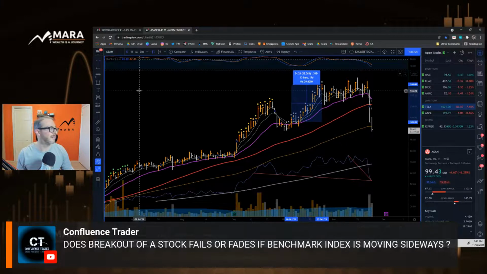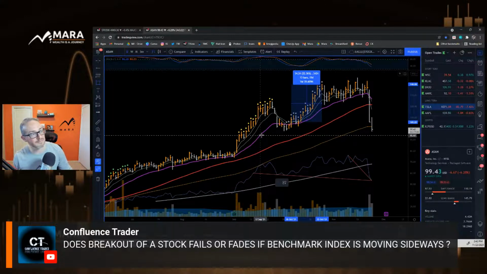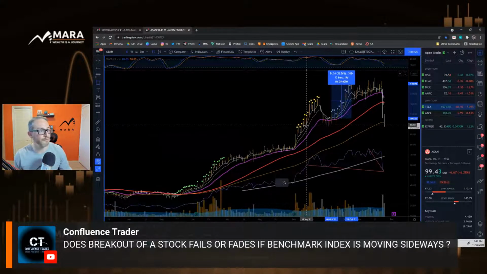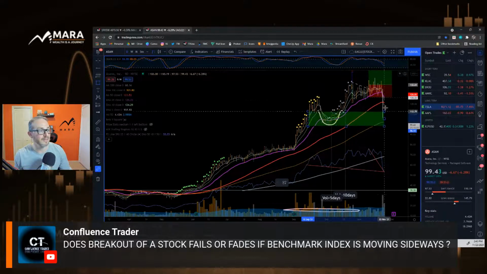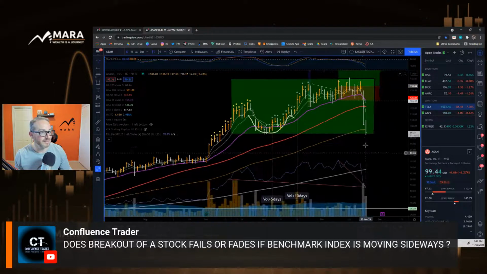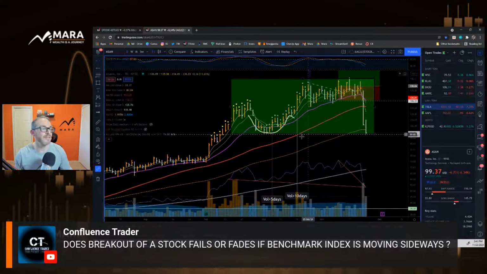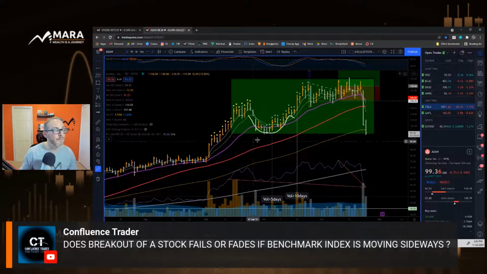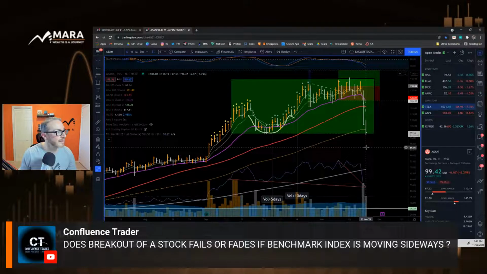Like to use the same kind of chart markup from before, even if we're calling this sideways, it's still testing those lows. It actually poked below the low from over here, I think it did. So that low is 98.06. Today's low is 97.53. So it did make a lower low that way too.